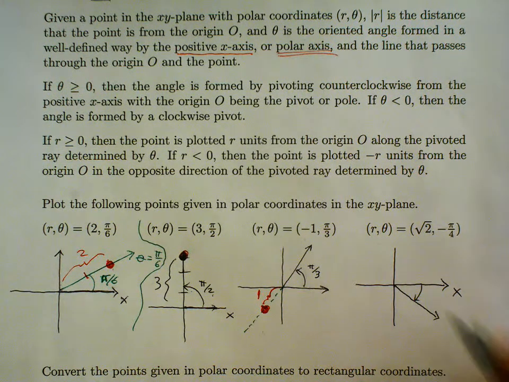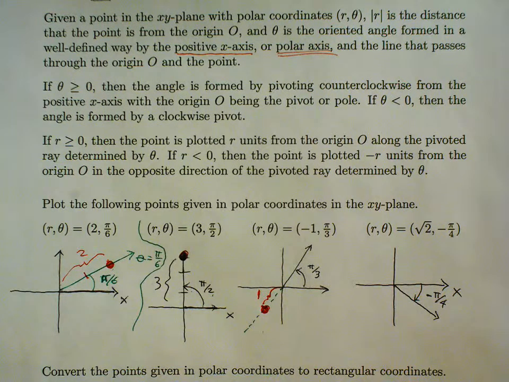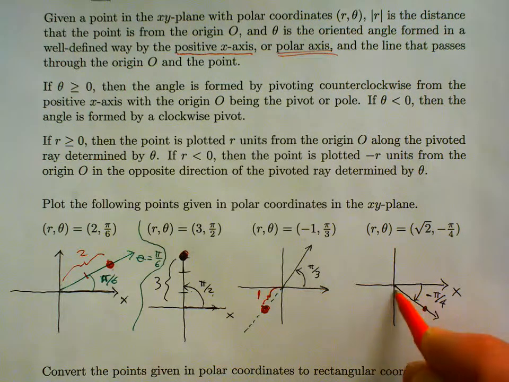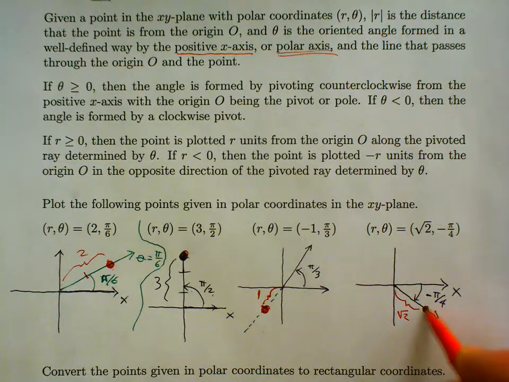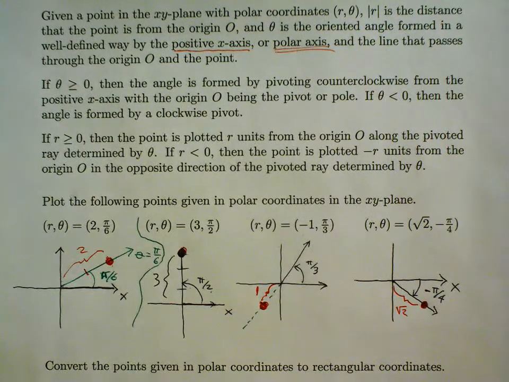So clockwise, label that negative pi over 4. The r value is positive. So from the origin in the direction of negative pi over 4, we measure out the square root of 2. So that length is the square root of 2. Okay, do you see how that works?